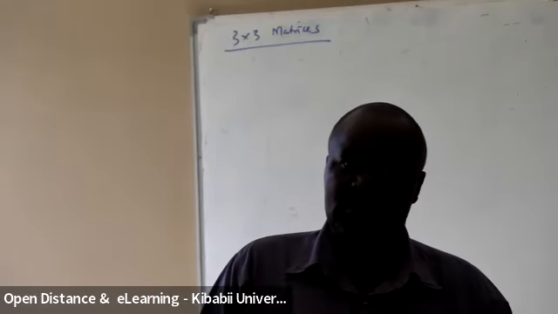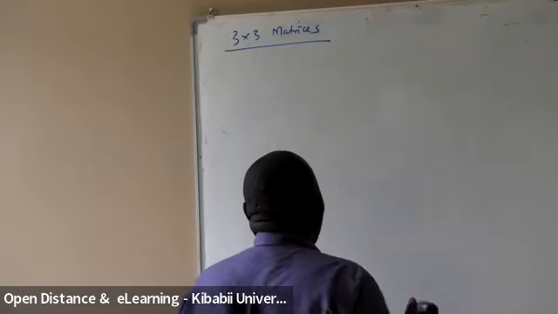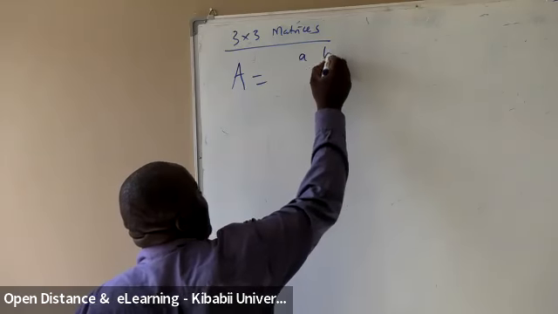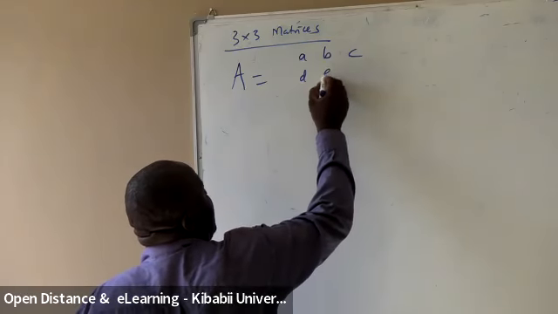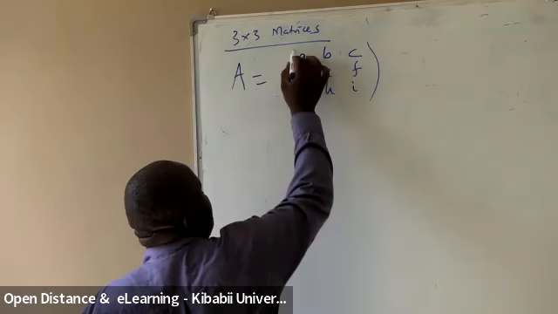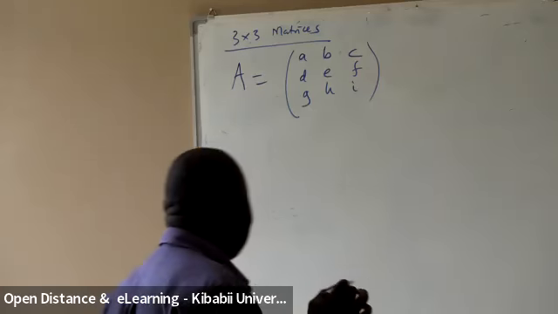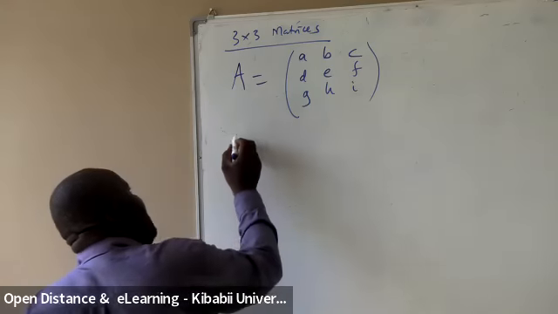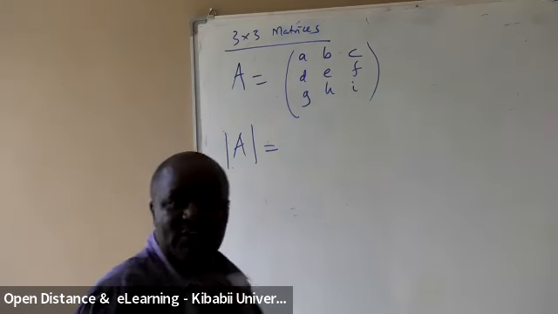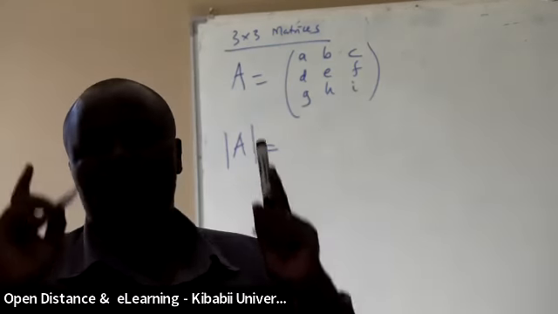How is this done? For 3 by 3 matrices, suppose you have a matrix A defined as A, B, C, D, E, F, G, H, I. Then the determinant of A is obtained by reducing this to 2 by 2.